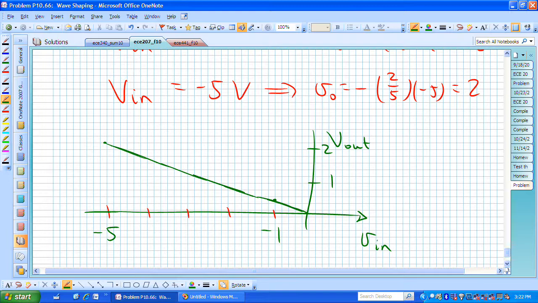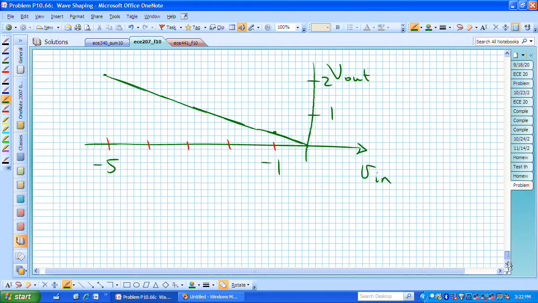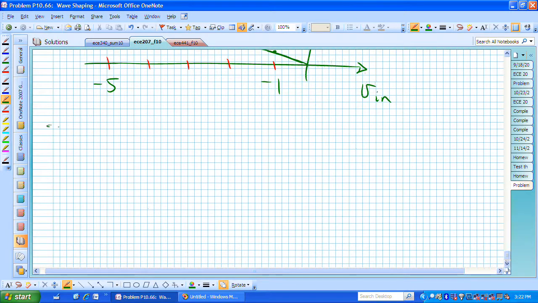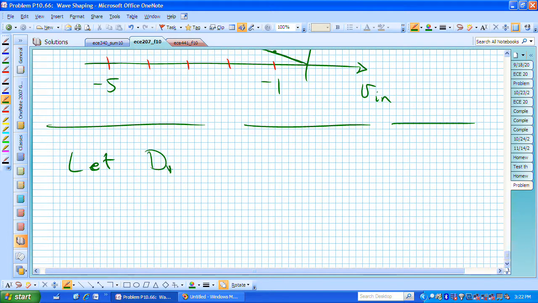Let's now look at the other half of this, or when now in that previous analysis we had D1 on and D2 off. Let's now look at the other case where D1 is off, and let's let D2 be on.